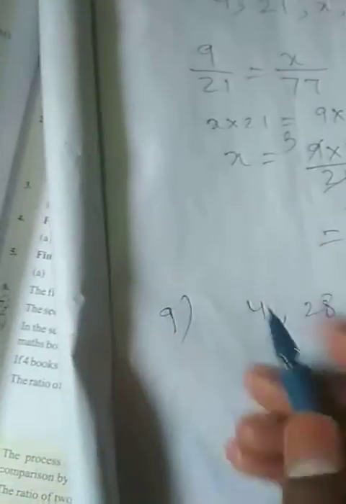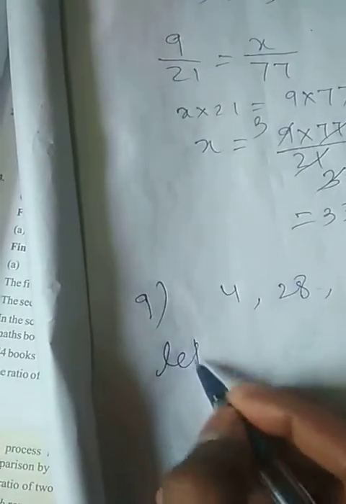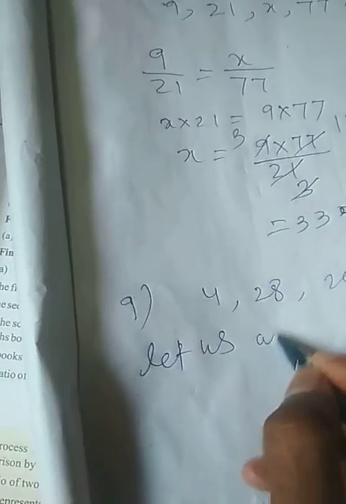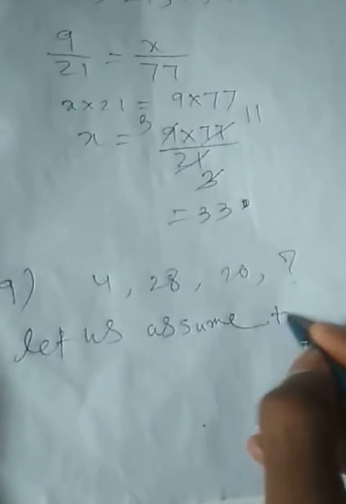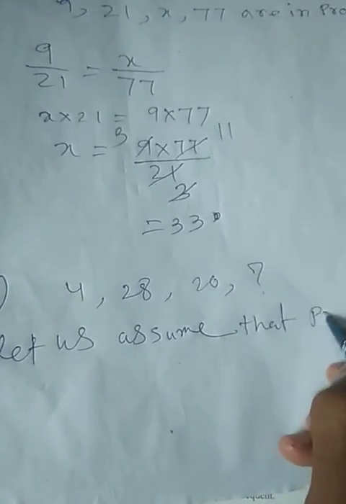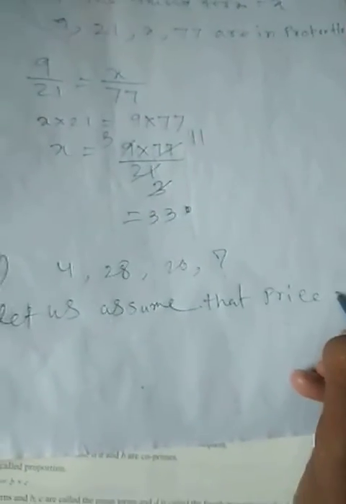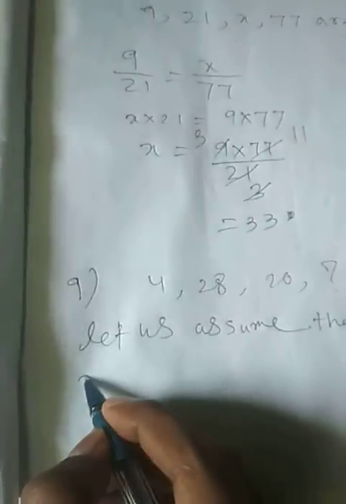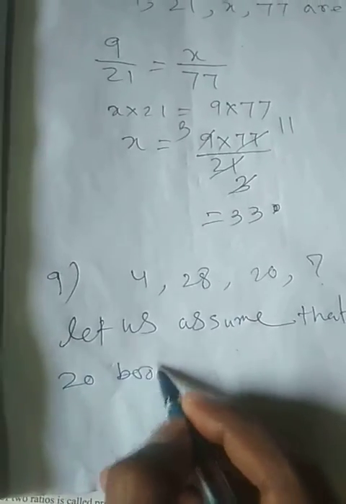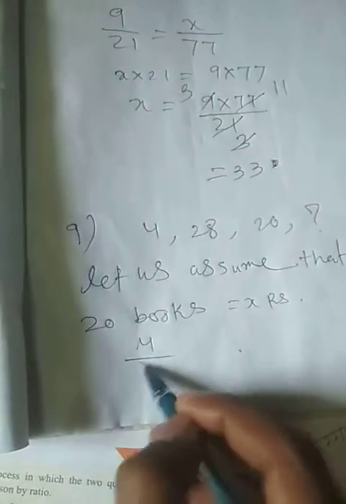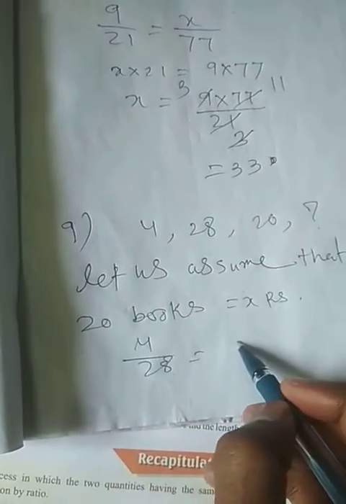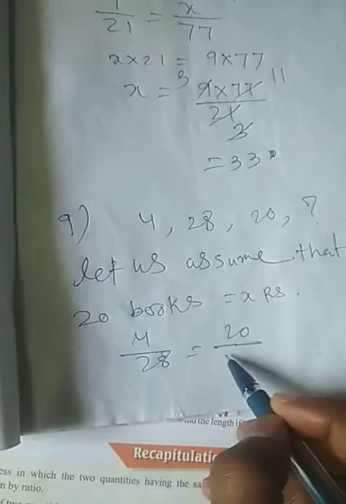So let us assume that the price of 20 books equals x rupees. So I can say 4 by 28 equals 20 by x.